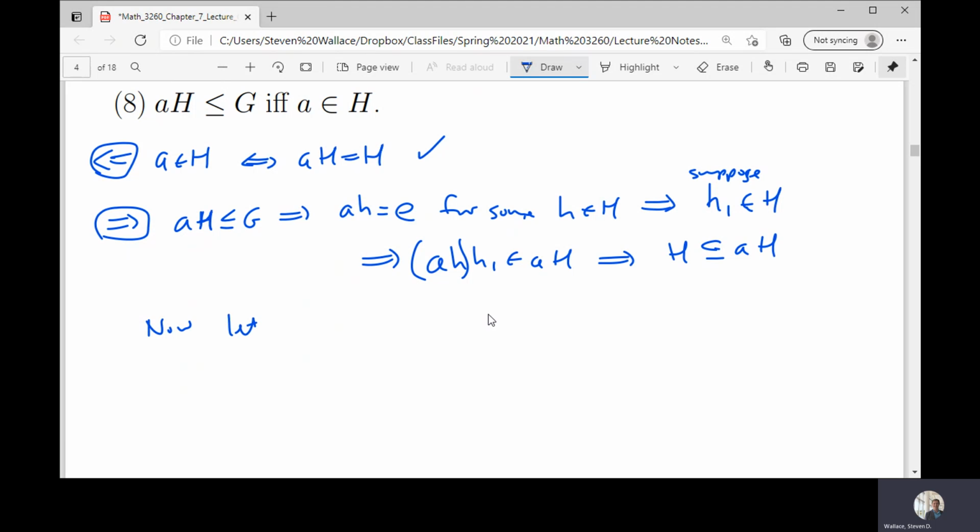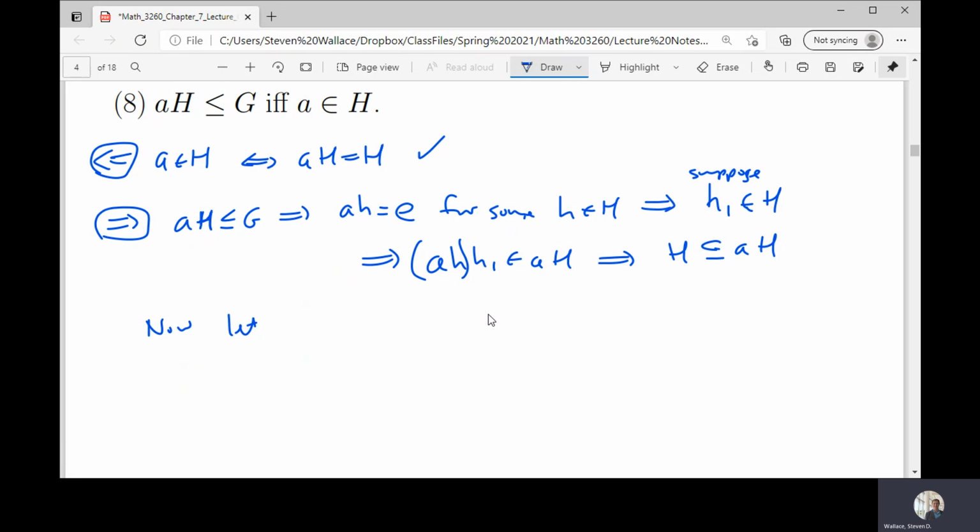let H be a subset of G. I need to show that a is in H. Why was I showing this other bit? Well, okay. Yeah, no, I get it.